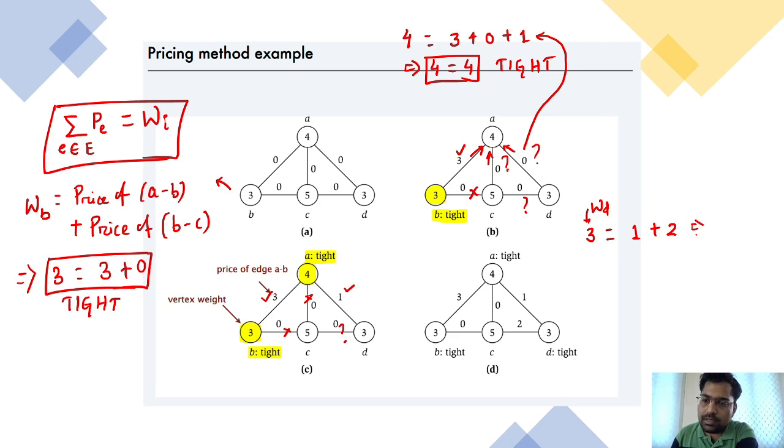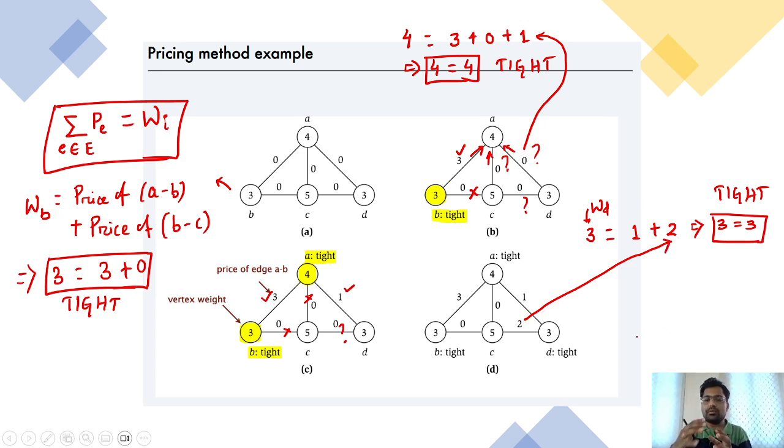So definitely we can say 3 is equivalent to 3. This is our tight condition. Clear? So the 2 we can directly get from this, because we have to keep this tight. Okay. So W of A, this is W of B, the weight assigned to B.